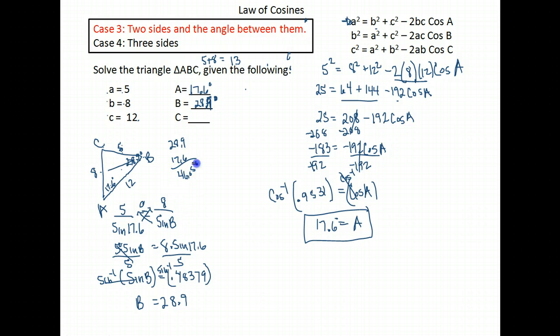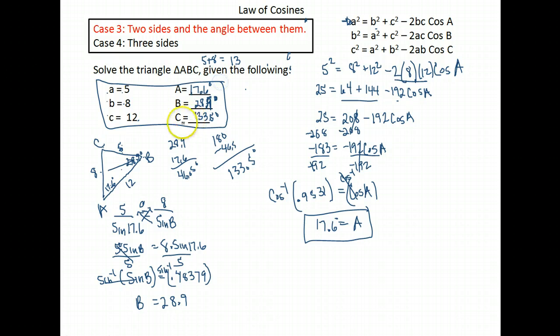And then we subtract that from 180. So angle C is fairly large. It's 133.5.